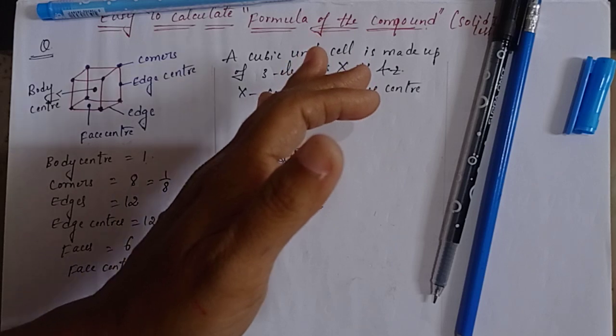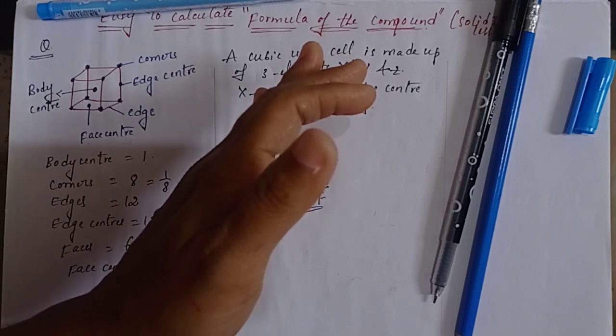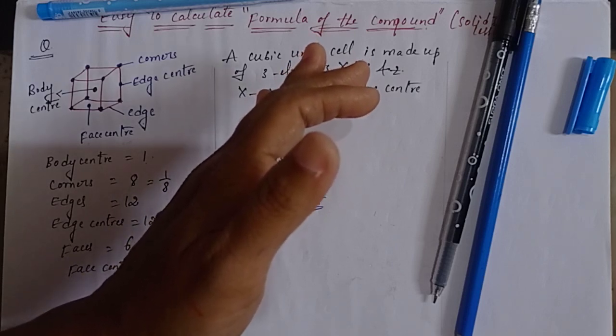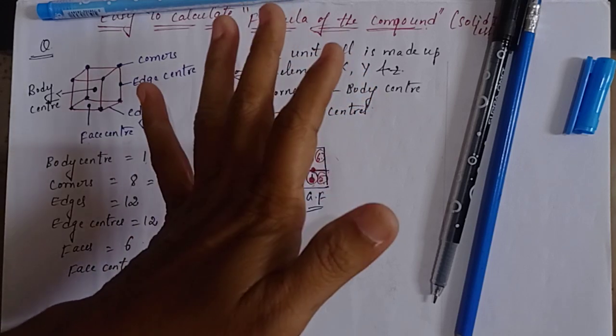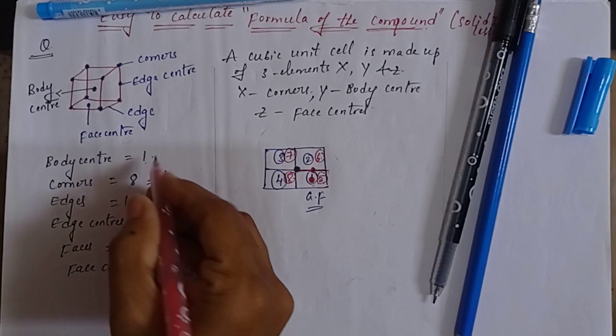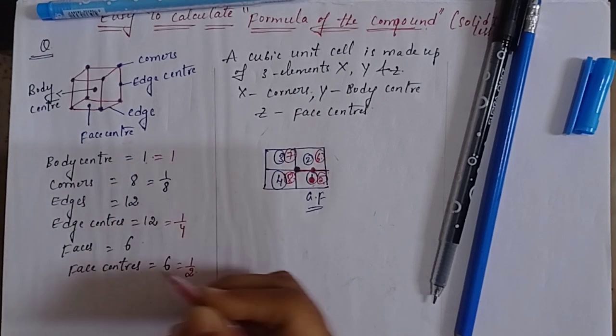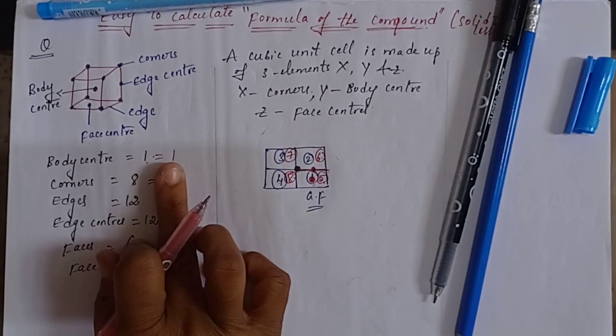It is sharing with that particular unit cell only. So body center contribution is how much, students? 1 only. Clear this one? Body center particle contribution is 1.